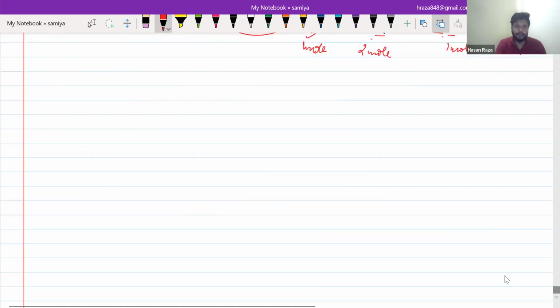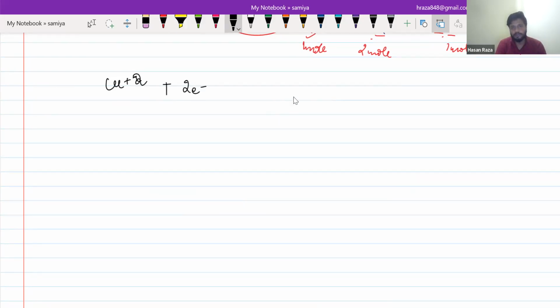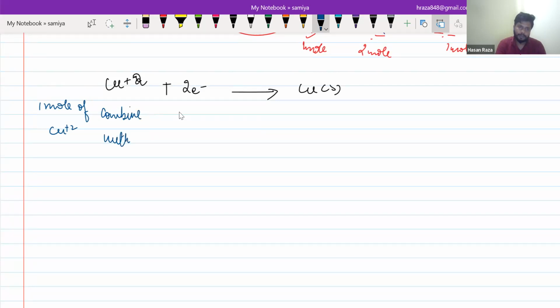Now see what I had written: Cu plus 2 plus 2 electrons will give Cu solid. So if you are going to write, you will write 1 mole of Cu plus 2 combined with 2 mole electron to give 1 mole copper.